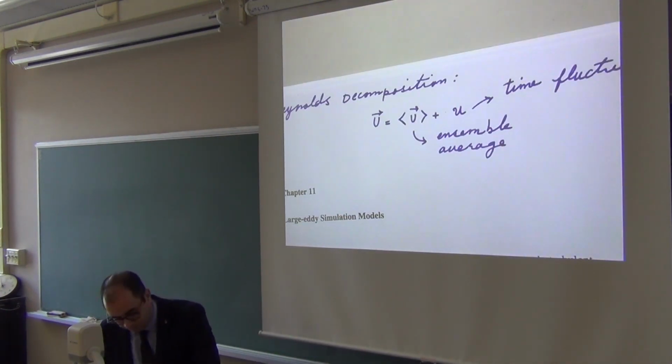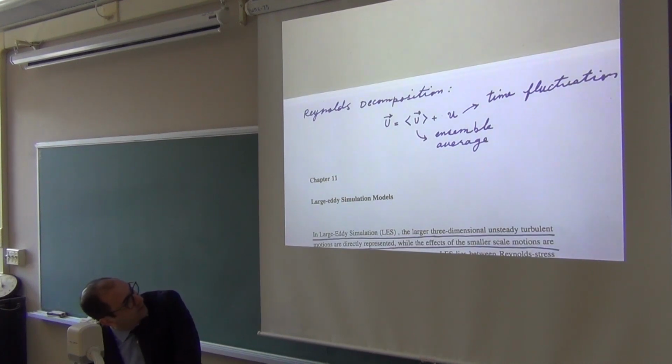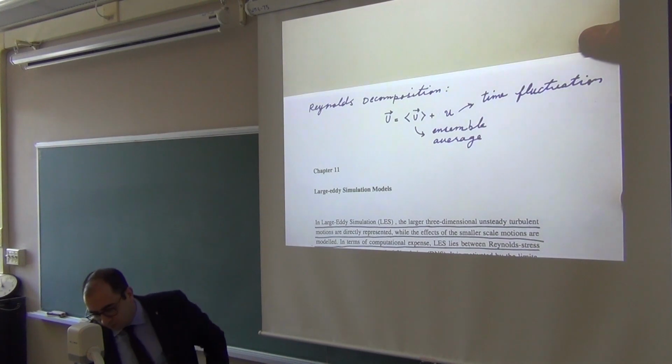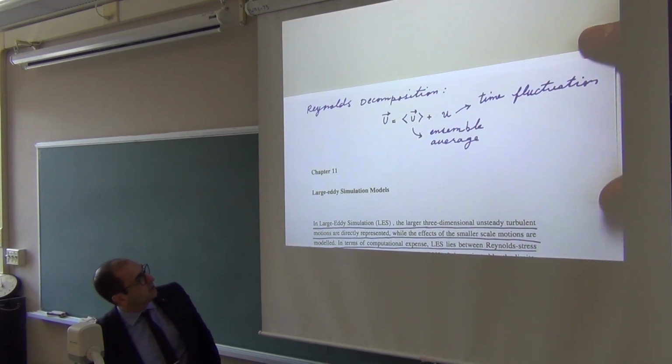Ensemble average is the first term and time fluctuation is the second term. That's how you decompose a signal by Reynolds decomposition.